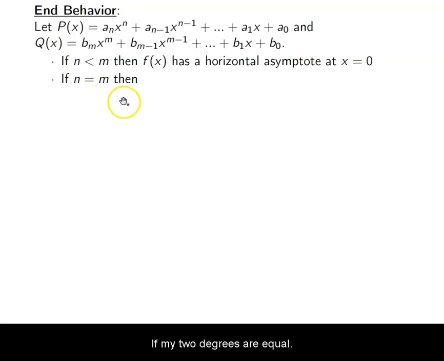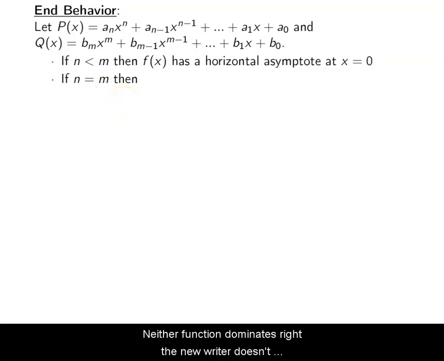If my two degrees are equal, then in the long run, neither function dominates, right? The numerator doesn't grow faster than the denominator does. The denominator does not grow faster than the numerator. They both grow at relatively the same rate when I plug in very large values. So what happens then is that the horizontal asymptote becomes the ratio of the lead coefficients of the two, right?